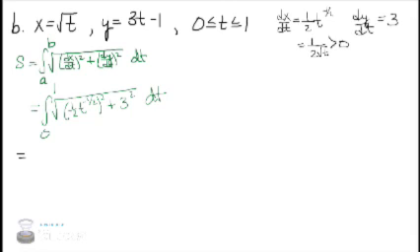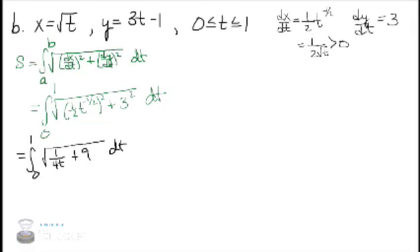This is going to be the integral from 0 to 1 of the square root of 1 over 4t plus 9 dt. Right, because 1/2 squared is 1/4, and t to the 1/2 squared is just t. All right, so this doesn't fit an integral pattern very nicely.